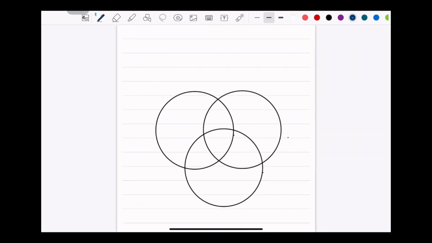So let's say we have three sets, A, B, and C. Now, this region here is common between A and B, so in terms of sets, we can write this as A intersection B. Please remember what I'm writing down here are the representations in set.